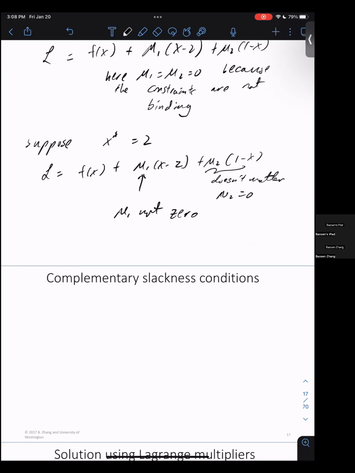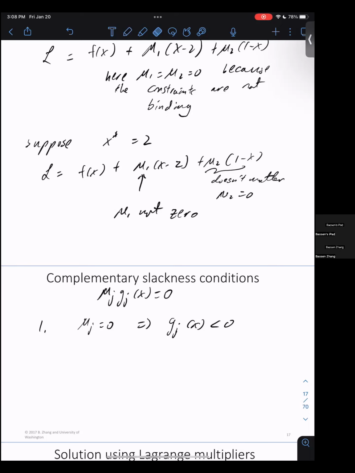So to summarize, complementary slackness is this: this has to happen. There are two possibilities. One, this thing is zero, implying your constraint is strictly satisfied. Your constraint is not binding, it's strictly satisfied.